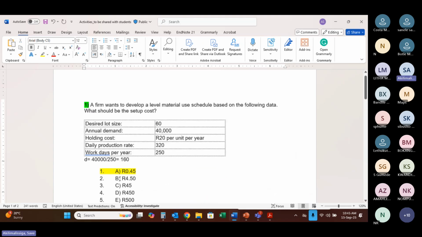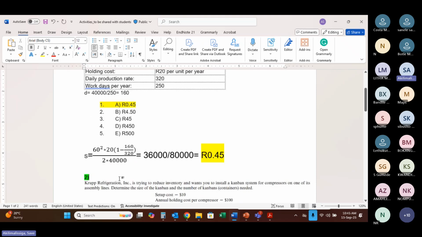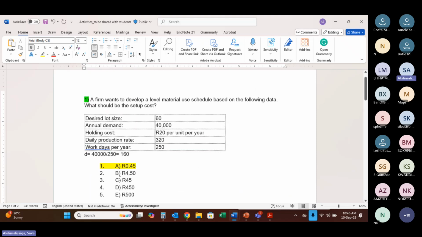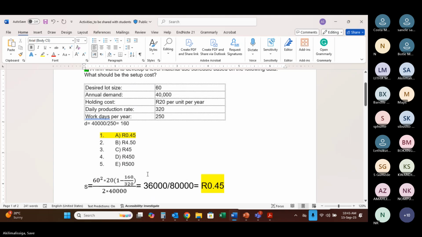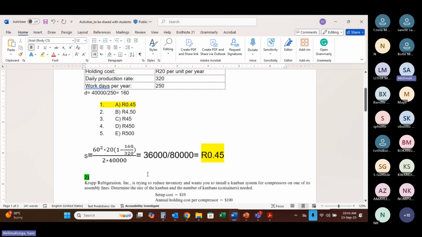All right, with that being said, we have concluded question 1. You can see these questions are straightforward. You just need to know how to use the formula and extract the appropriate information.